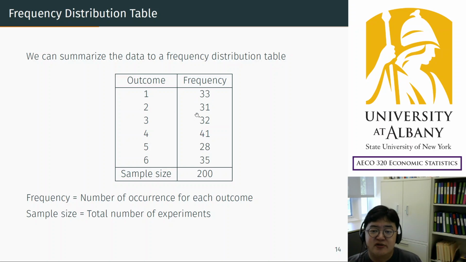Outcome 2 happened 31 times. Like that. 4 happened a lot. 5 did not happen that much. Of course, the sum of the counts of each outcome must be the total number of observations, which is the sample size, right? So frequency is the number of occurrences for each outcome.